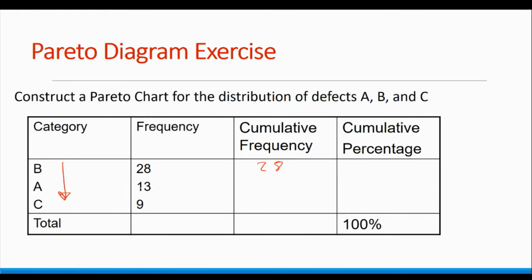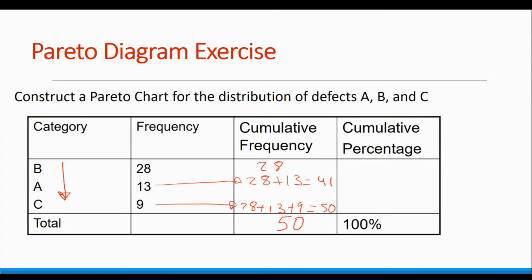By the time you have the second category A, your cumulative frequency means B has happened already, and then you're adding A to it. So 28 plus 13 is equal to 41. Okay, and then for the cumulative frequency of A, B plus C, you will have 28 plus 13 plus 9, which is equal to 50.